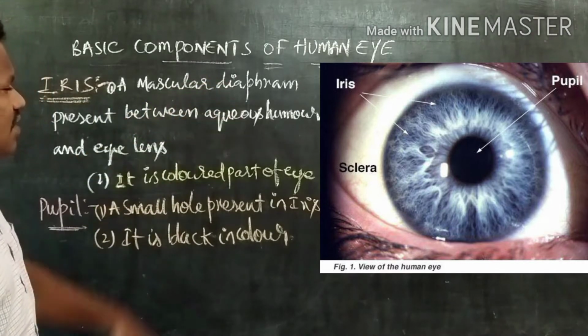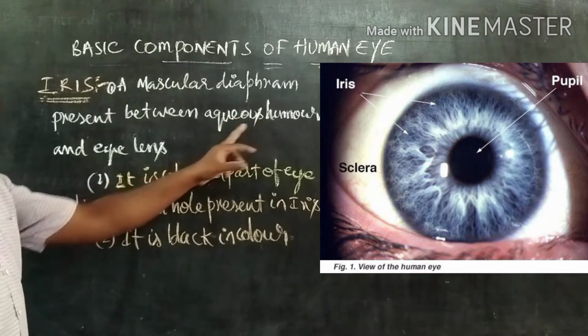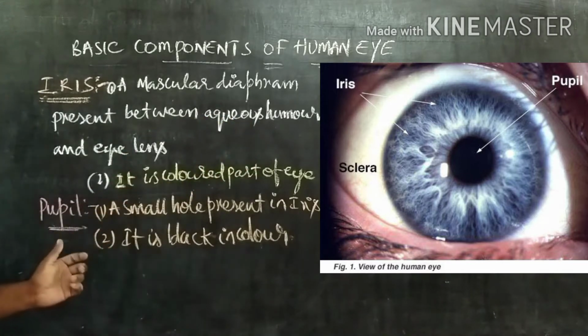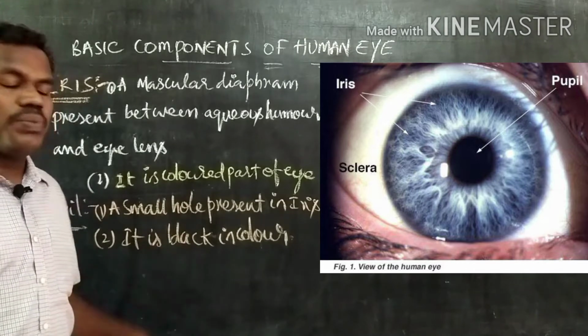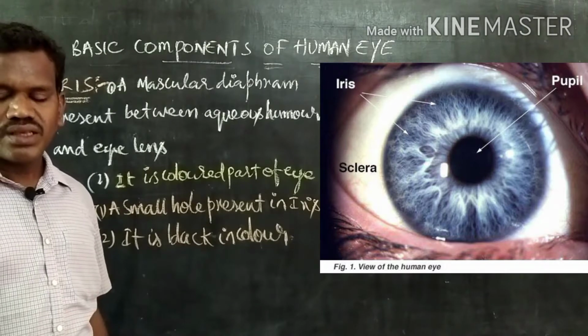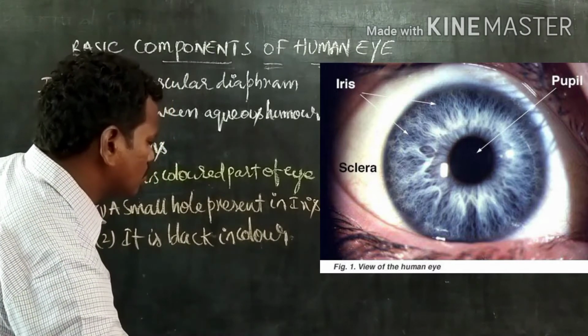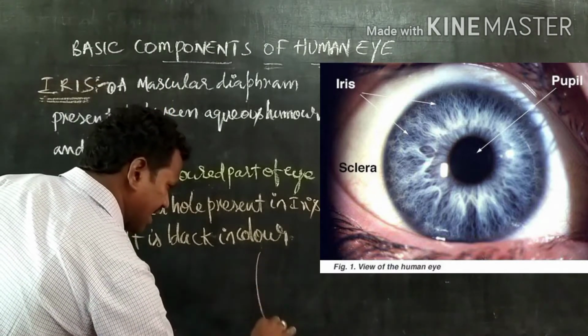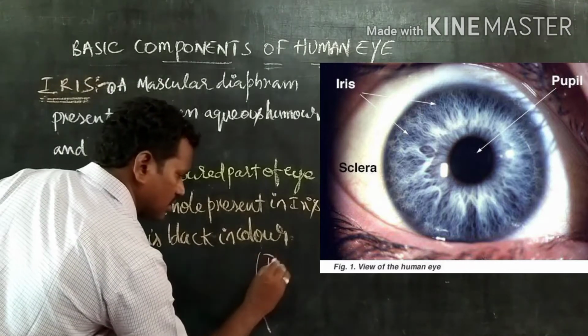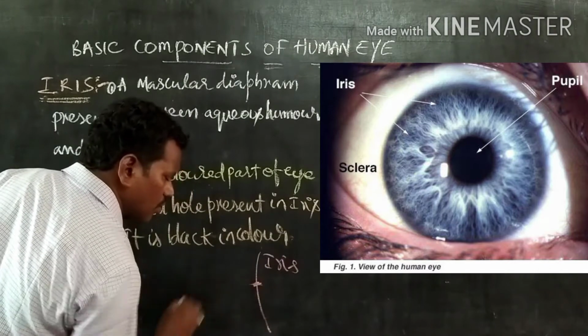It is a muscular diaphragm present between the aqueous humor and the lens. Right. The next one is the pupil. The pupil is the small hole present in the iris. If you observe, this is the iris, and at the center of the iris there is a small hole.